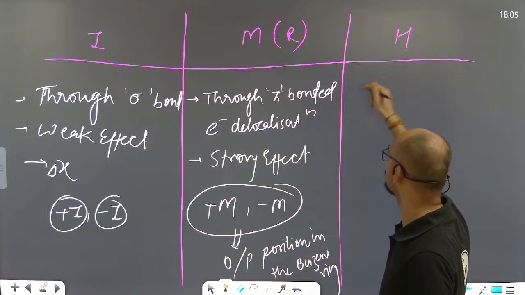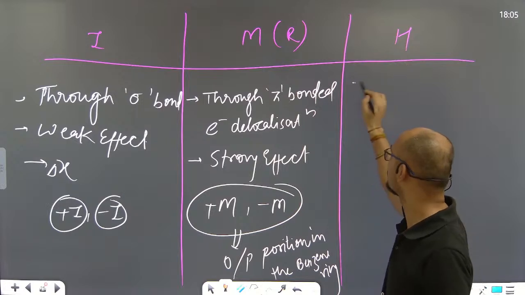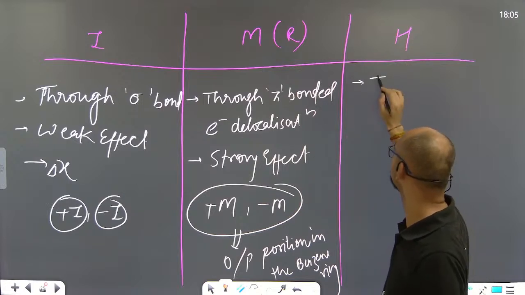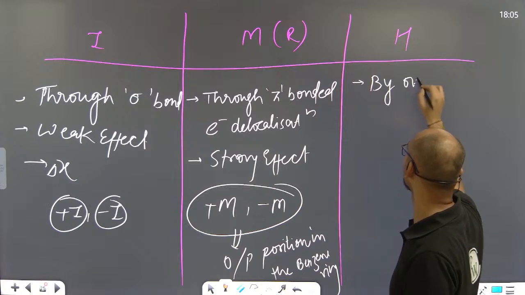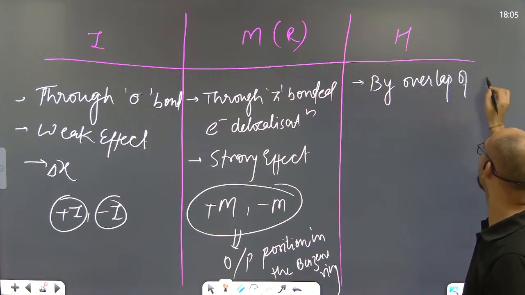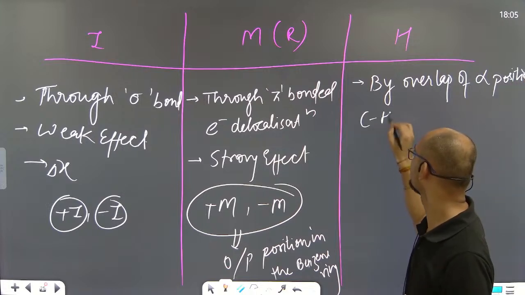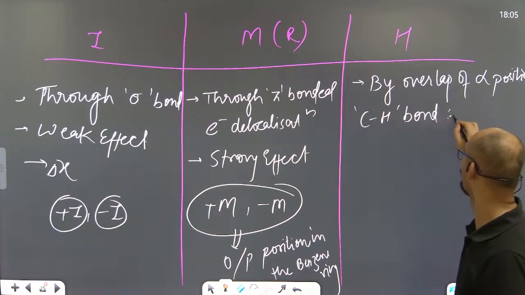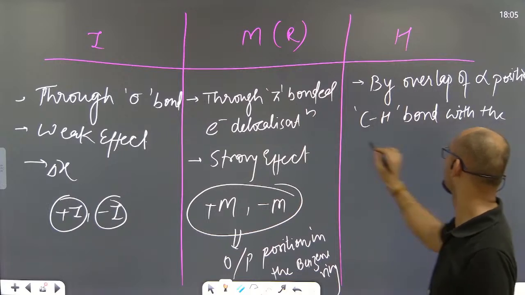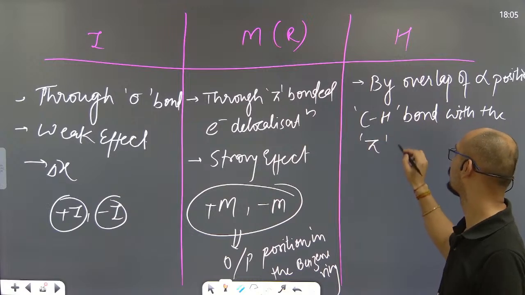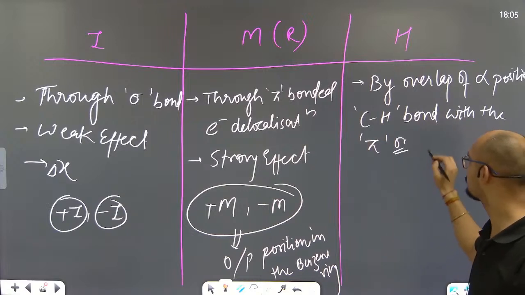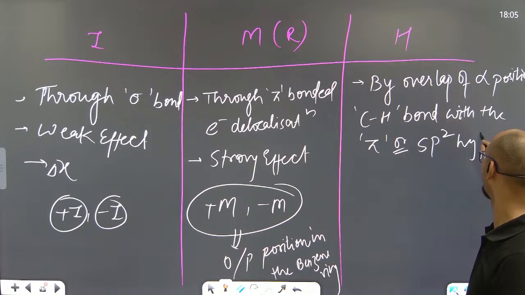Groups are there. H, it is nothing but hyperconjugation. What is hyperconjugation? It takes place by overlap of the sigma CH bond at the alpha position with the pi bond, or we can say an sp2 hybridized carbon.